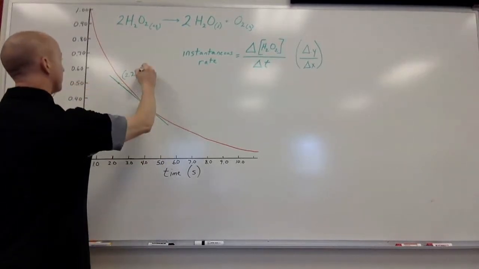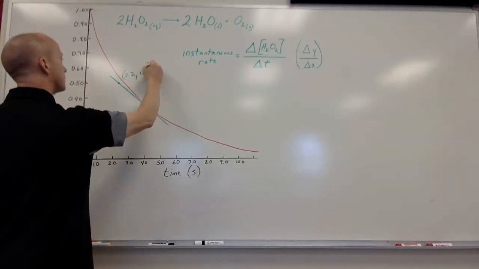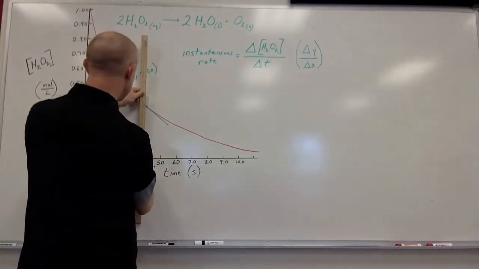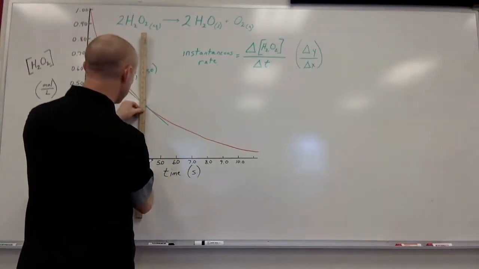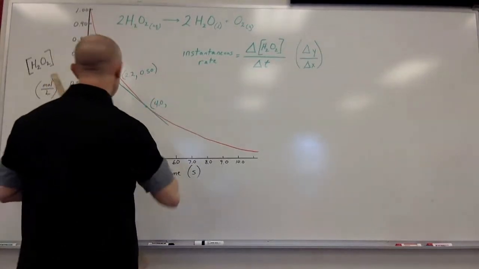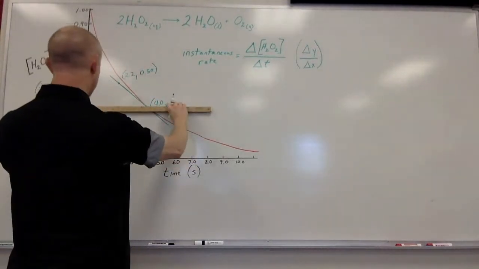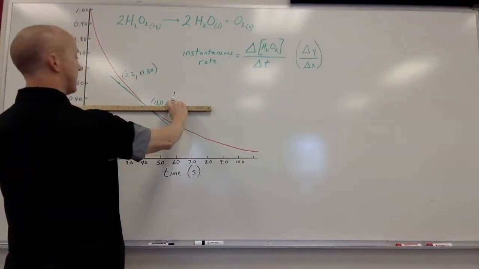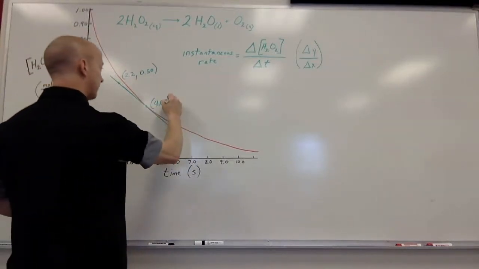Yep, 0.5. So there's 1 point, and here's the other. Let's see. So I said it was going to be at 4 seconds, just double checking that. And for my y, I'm about 0.35.